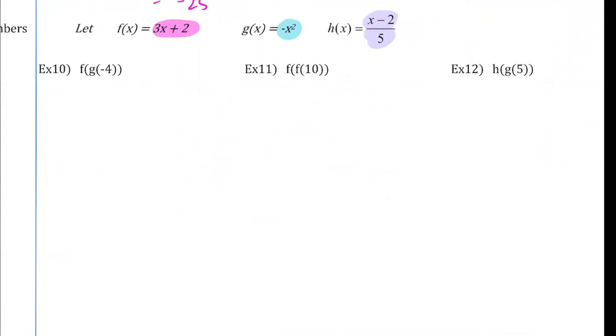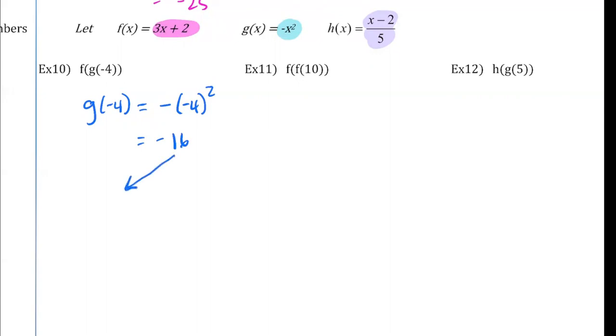So for g of x, I'm going to first do g of negative 4, and that will be negative 4 squared. So notice that there's two different negatives. There was the negative that's part of my x, and then there's the negative that was out in front that's separate. And negative 4 squared is 16, but I still have that negative out in front, making it negative 16.